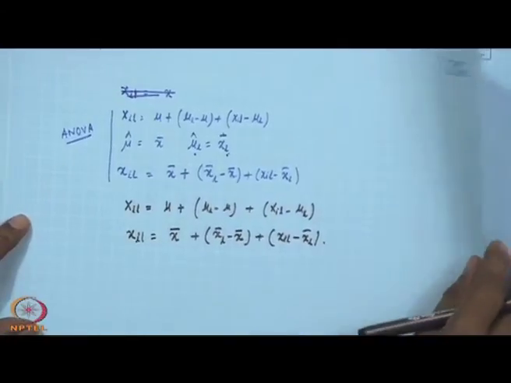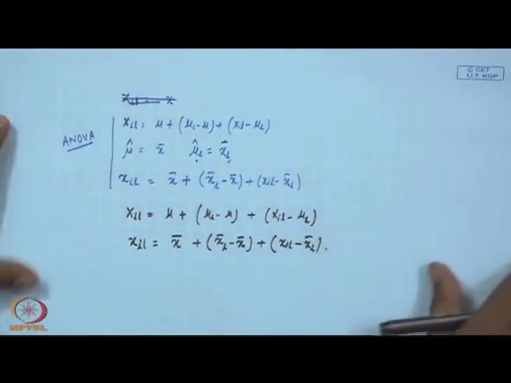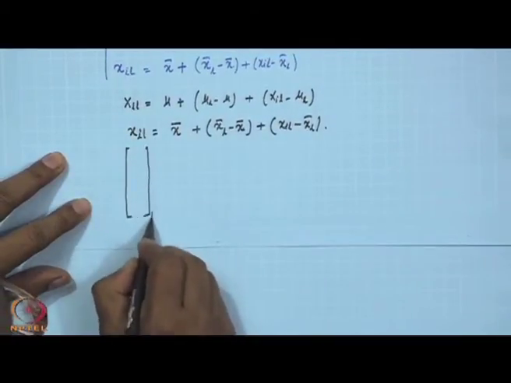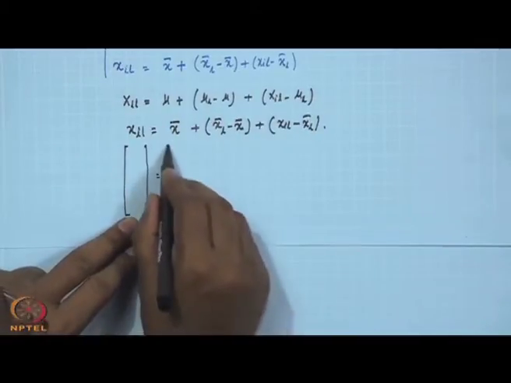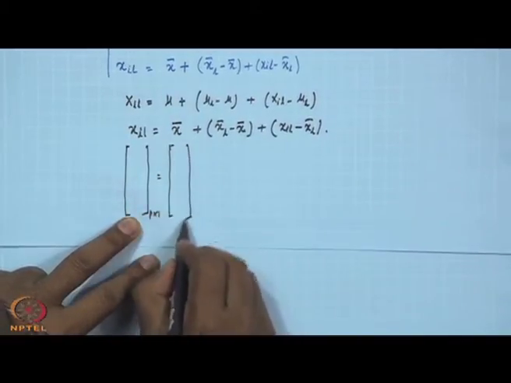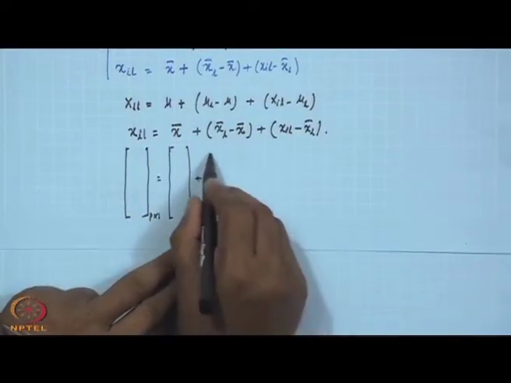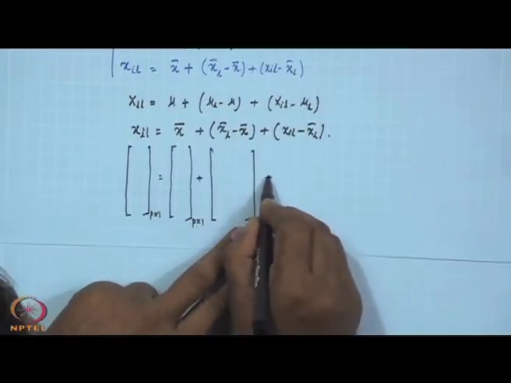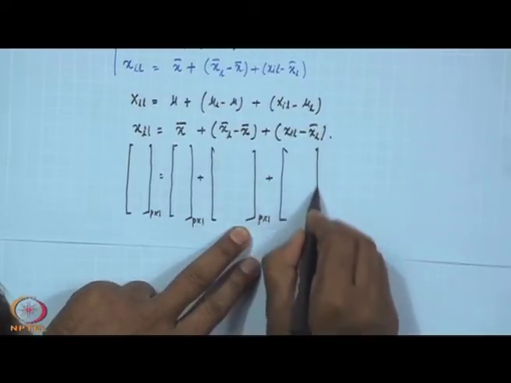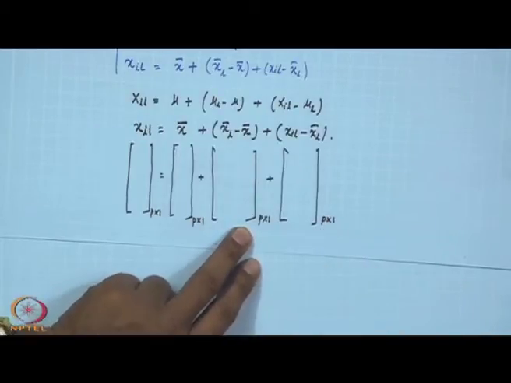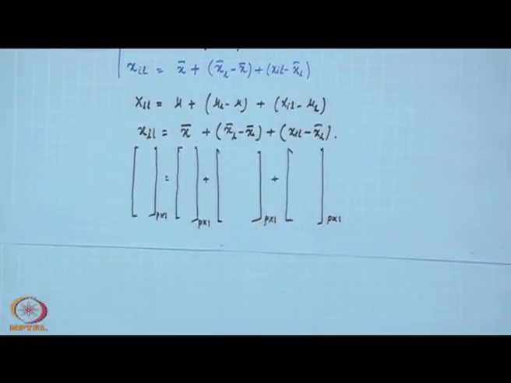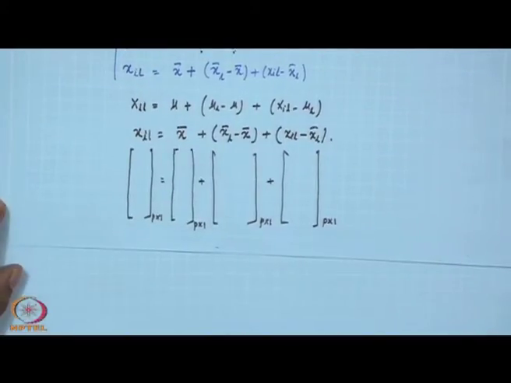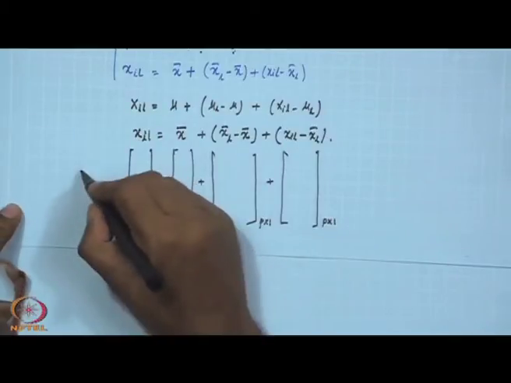So, you can write very easily, you have seen this one probably earlier, this one is p cross 1 equal to, this will also be a p cross 1 plus this difference p cross 1 plus this difference, p variables are there. This is general partitioning of the sample observation.